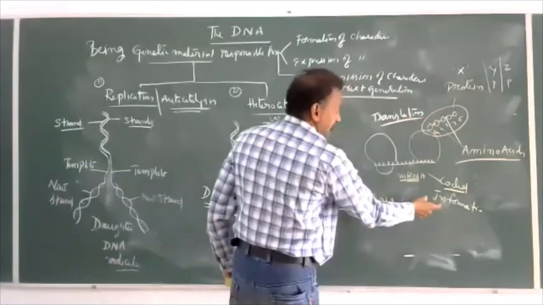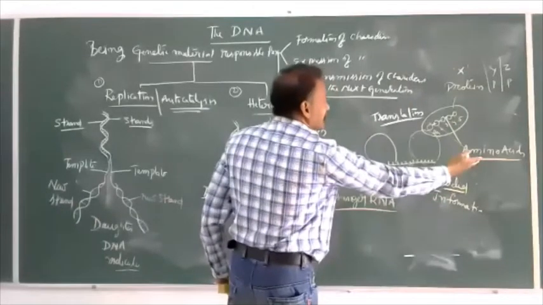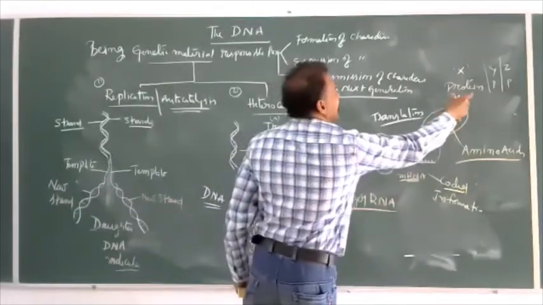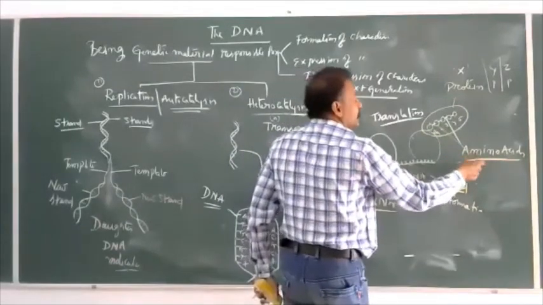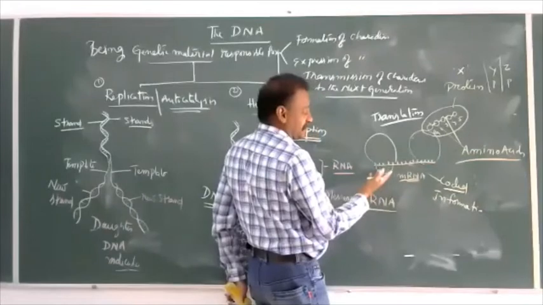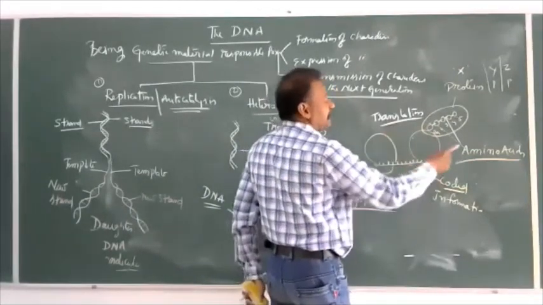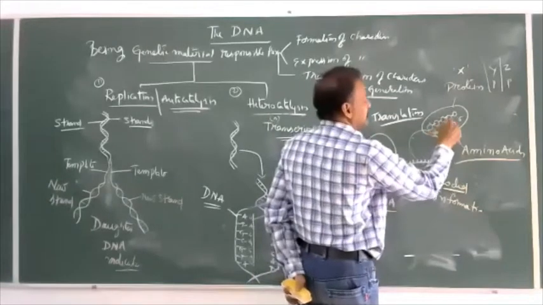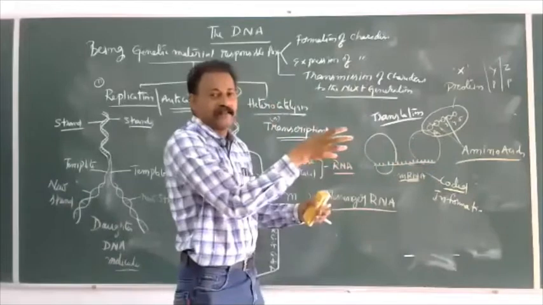So the coded language is converted into the easily understandable language of amino acids. Which amino acid is there, we don't understand from the code. When it undergoes a process called translation, we are able to identify the amino acid type, and which type of amino acid will come next.